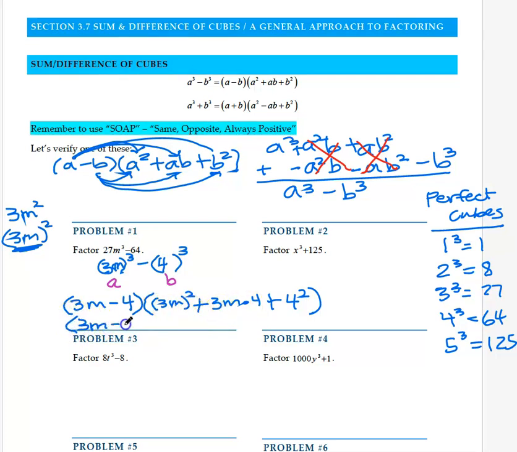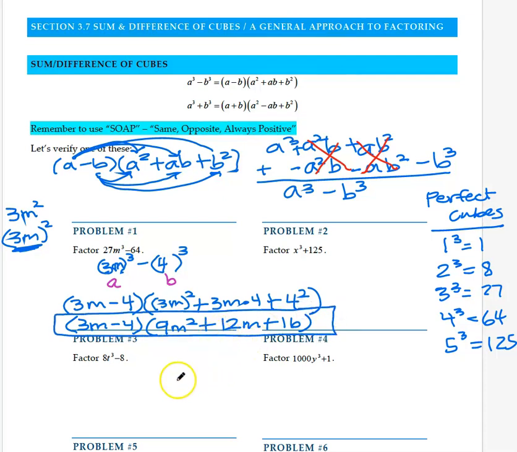So that 3m minus 4 stays. On this one, 3m times 3m is 9m squared, and then 3m times 4 is 12m, and 4 squared is 16. And so that is what you come up with for your answer there.